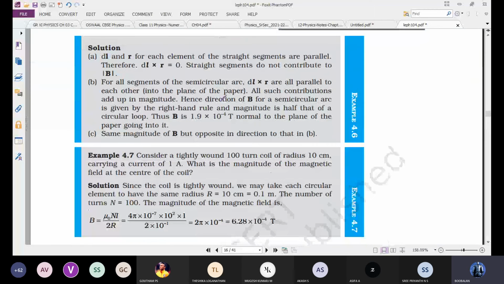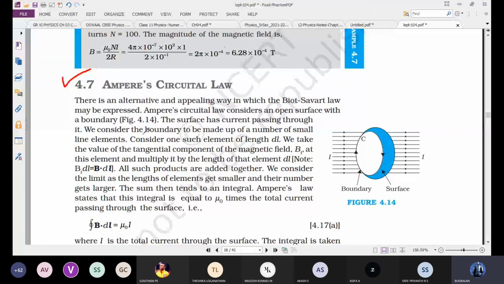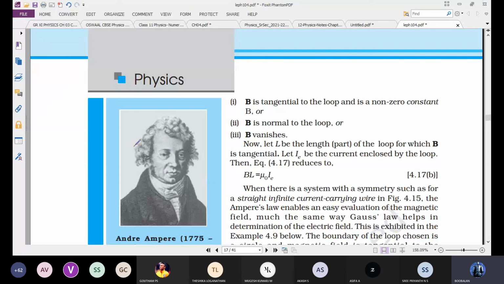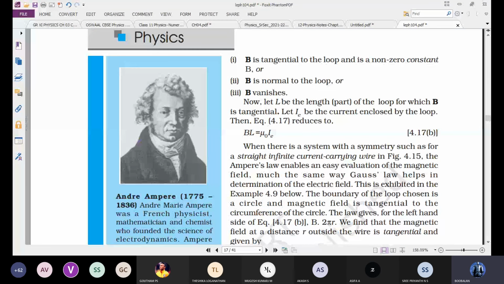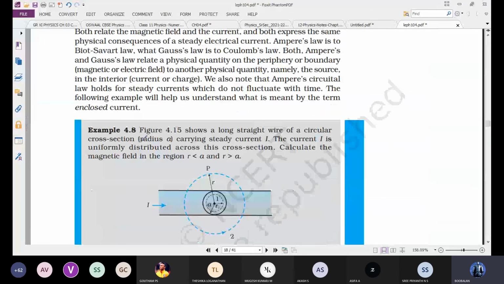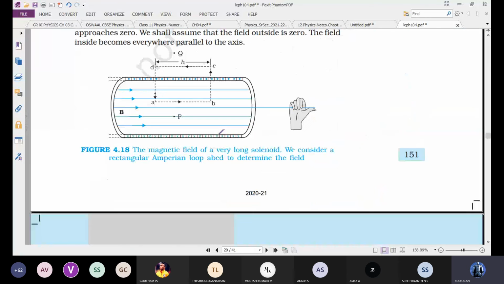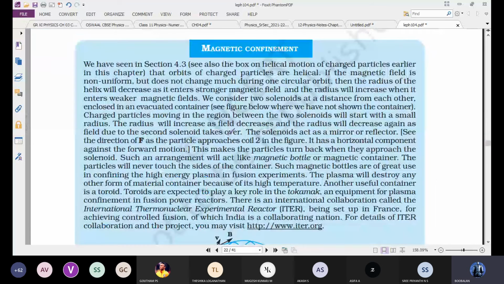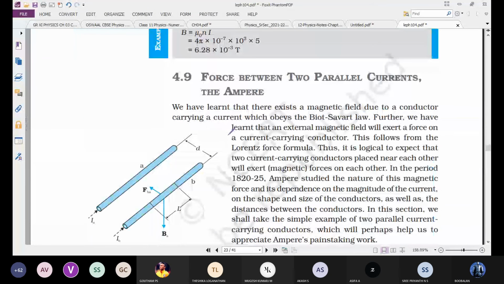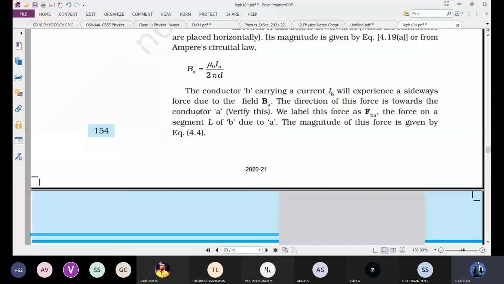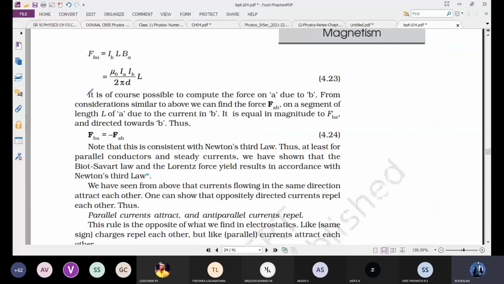So now we discussed Ampere's circuital law, the formula closed integral B dot dl equal to mu naught I. Next are the applications: solenoid and toroid. Then force between two current carrying conductors, the ampere, we discuss in this topic.